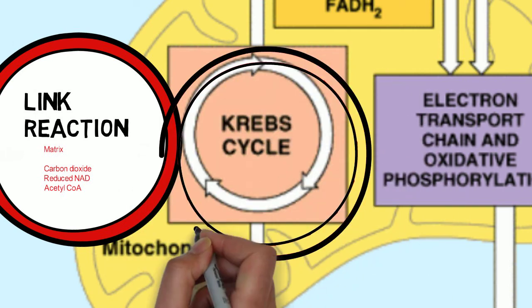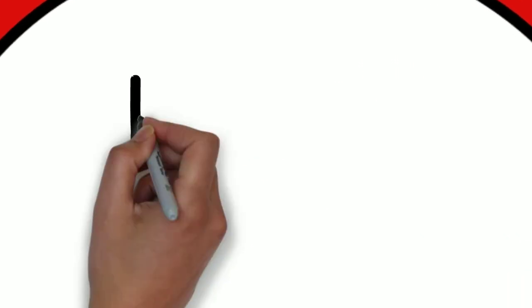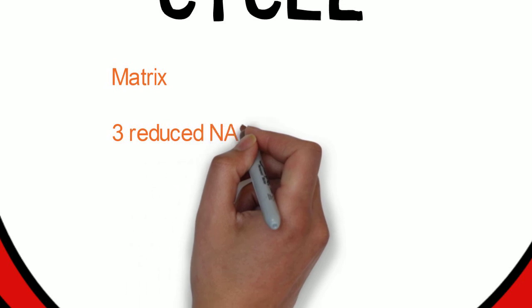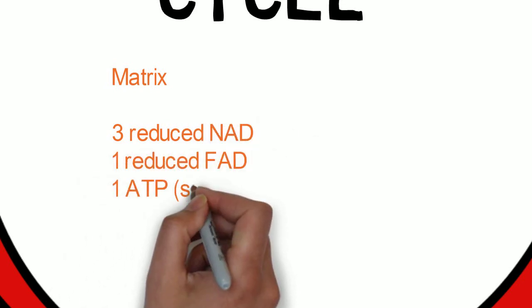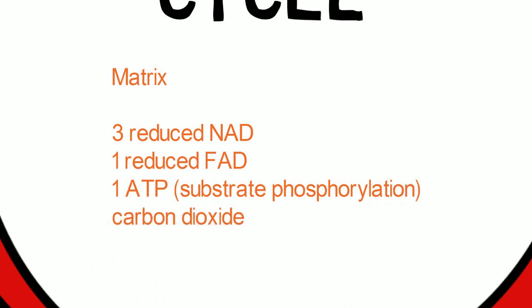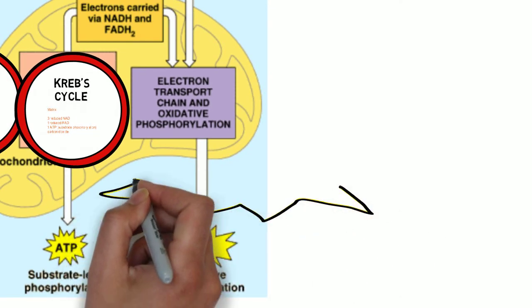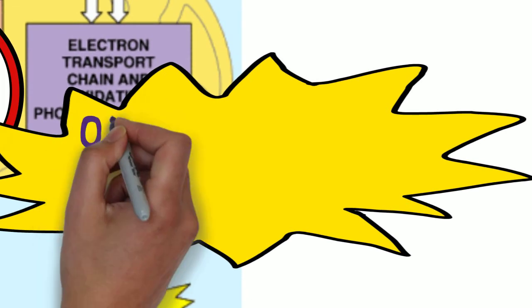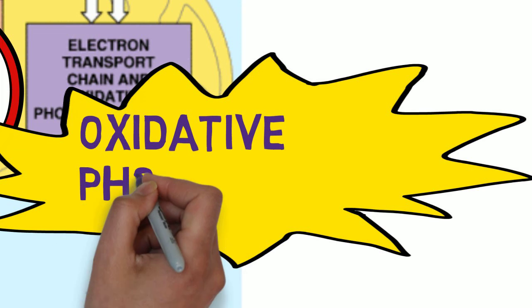And then the next stage, the Krebs cycle, occurred in the matrix as well, producing 3 reduced NAD, 1 reduced FAD, 1 ATP as a result of substrate level phosphorylation, and carbon dioxide. The final stage is oxidative phosphorylation, which will be covered in the next video.